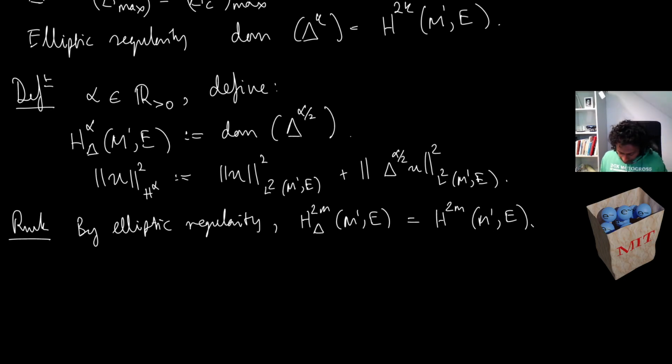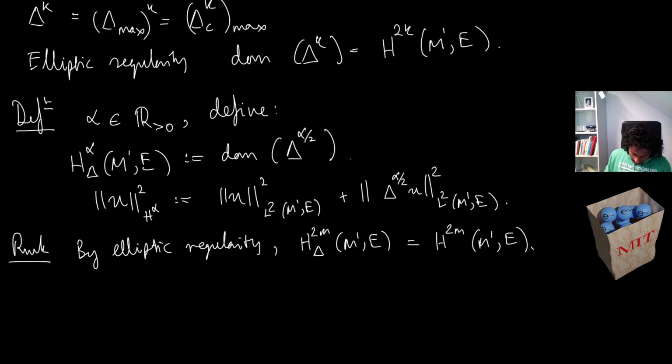So you're asking me what happens to the lower order terms in these norms? Is that what you mean? Right, but that's a good question. What happens to the intermediate terms?